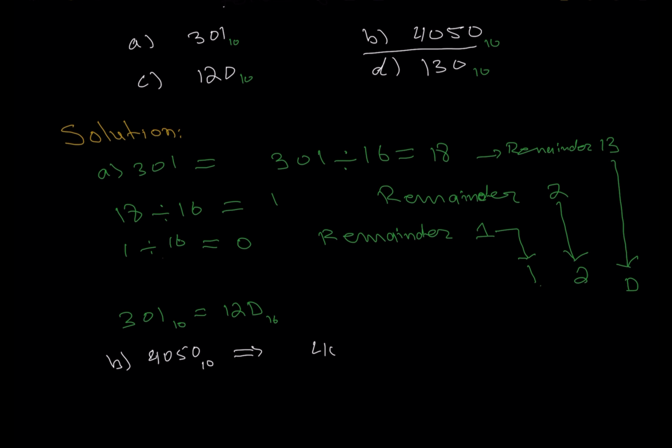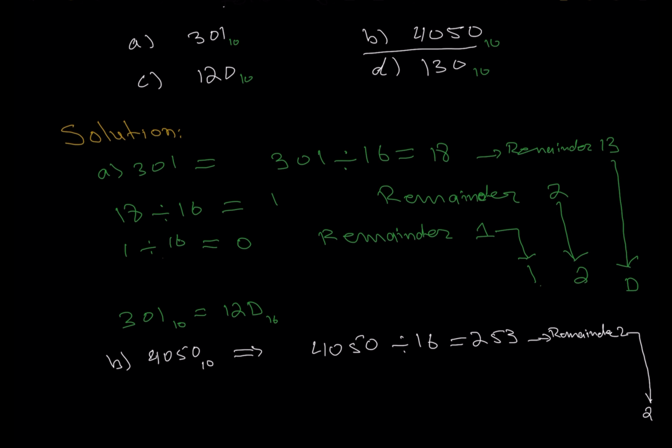So 4050 divided by 16, what do we get? You get 253 as a full quotient, and the remainder is 2. You bring that down.